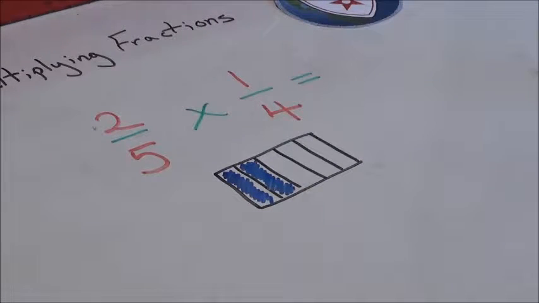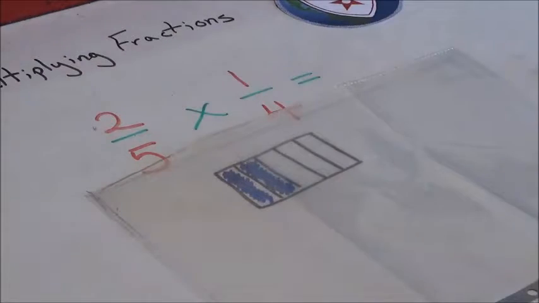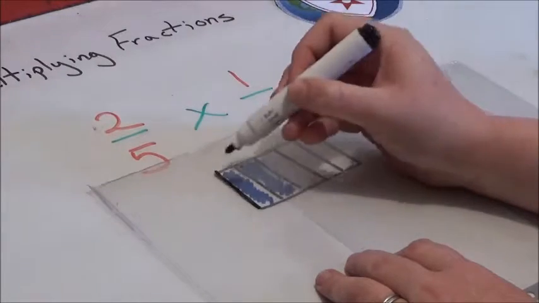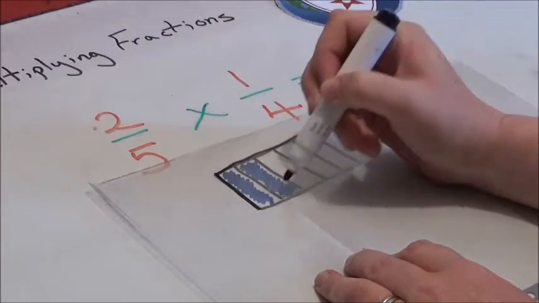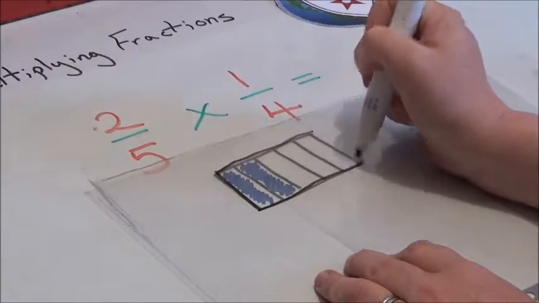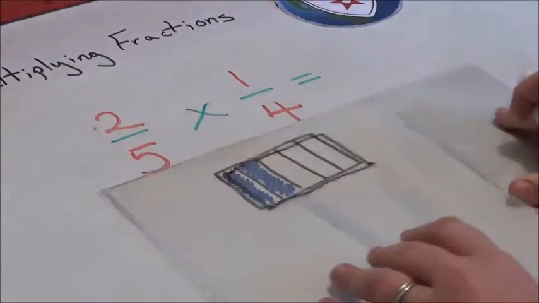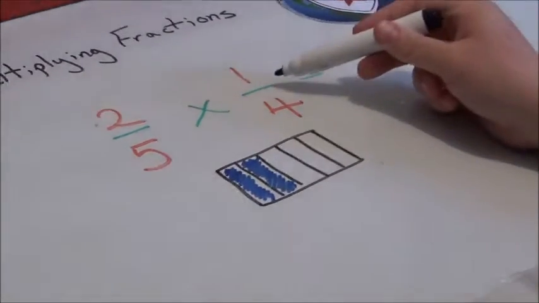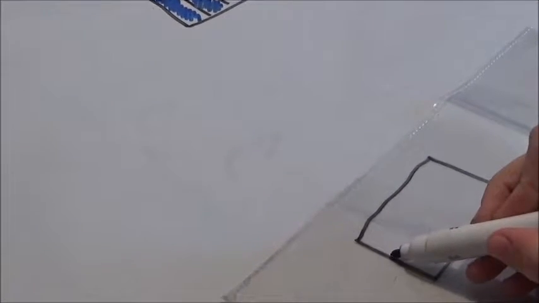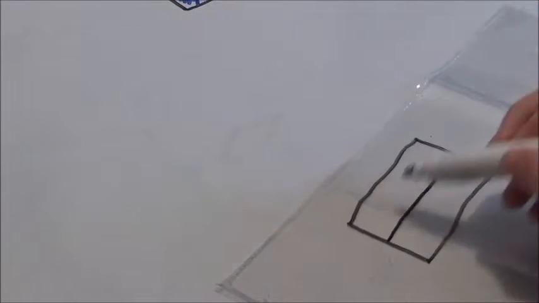So I'm just going to grab this overlay here. You see that okay through the camera? I'm going to draw over the top of this fraction because it's really important that both of the wholes are the same size. I'm going to bring that down here. I'm going to split this fraction into quarters. So I'm going along the middle like that.